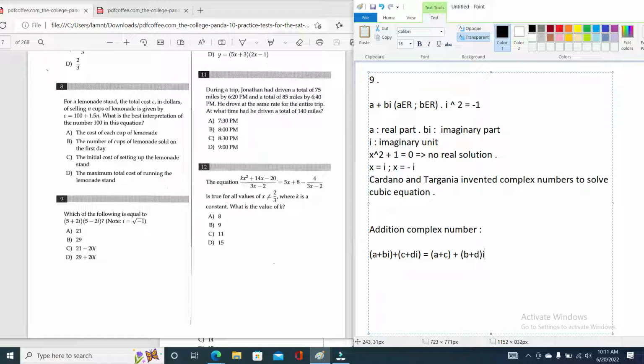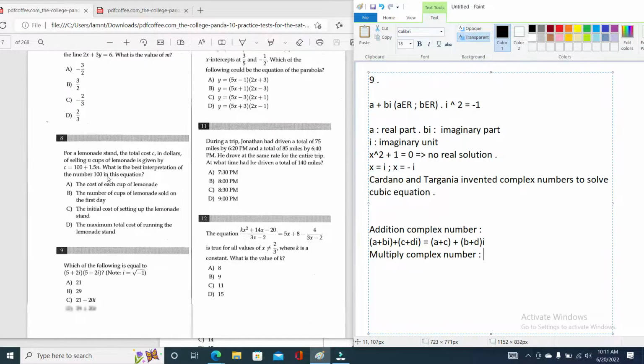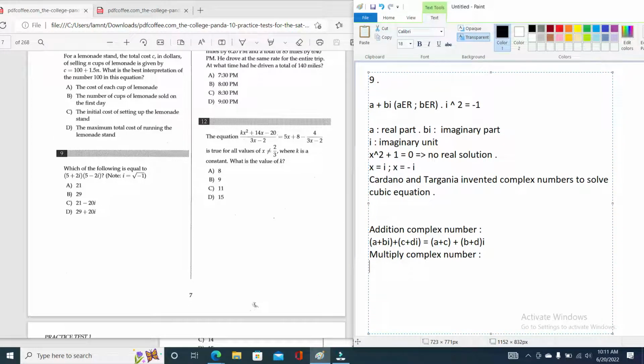Now we can also multiply complex numbers. With the same idea in mind, let's try it.